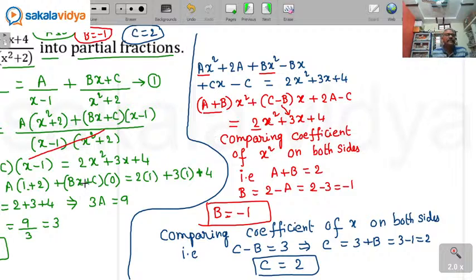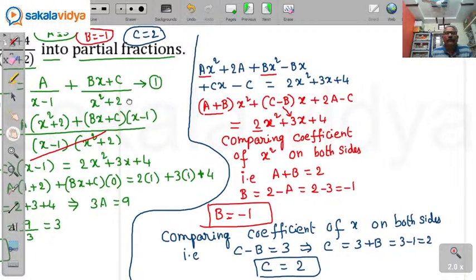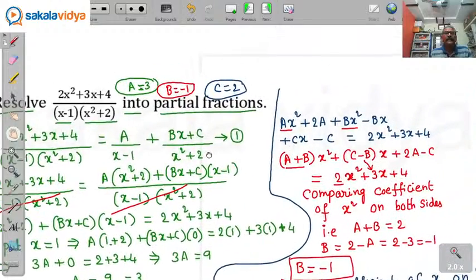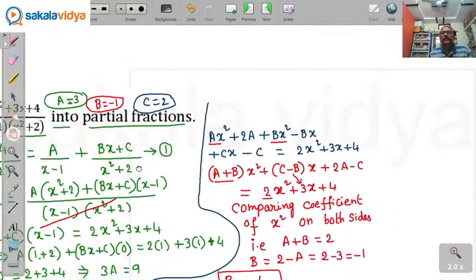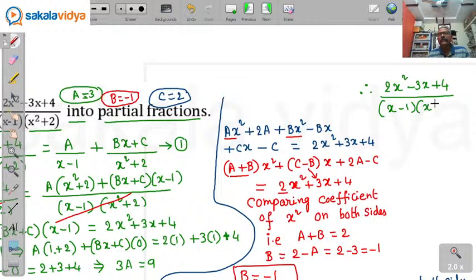Okay, let us find out the partial fractions now. The partial fractions we can write like this. Therefore 2x square plus 3x plus 4 upon x minus 1 times x square plus 2. So that we need to write now.